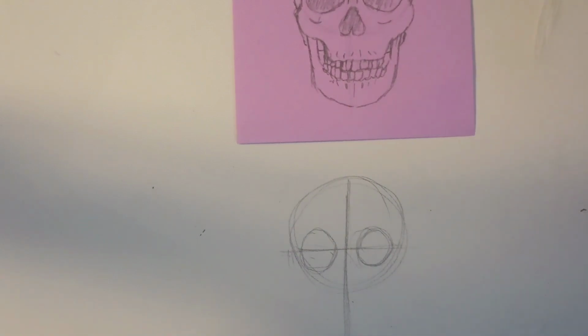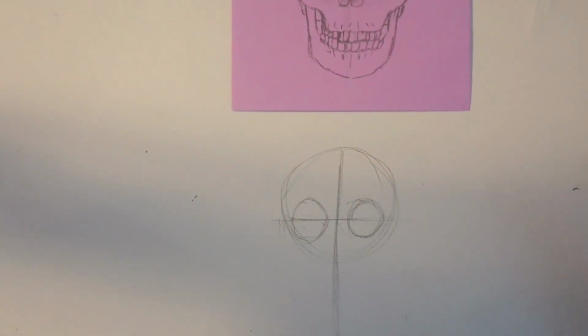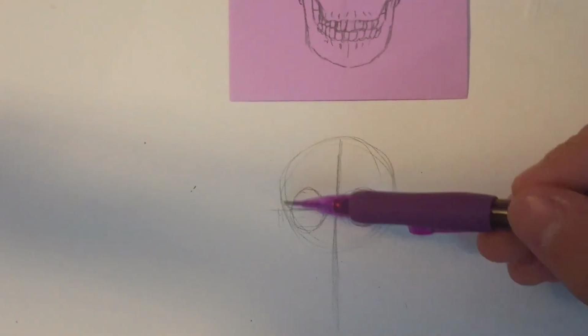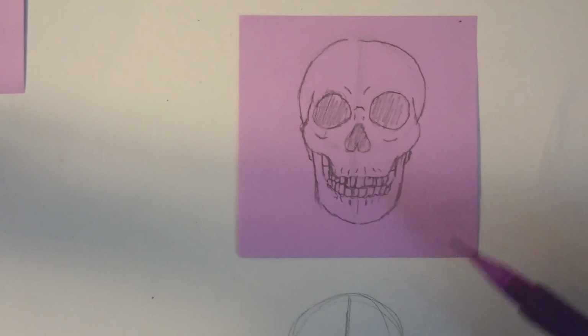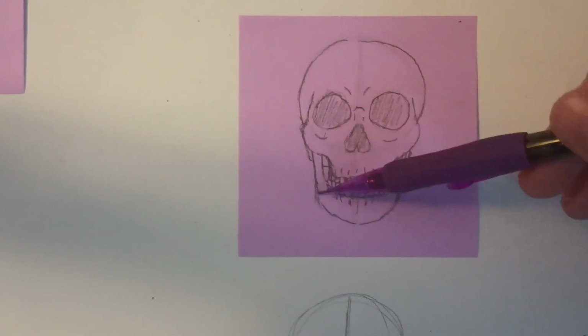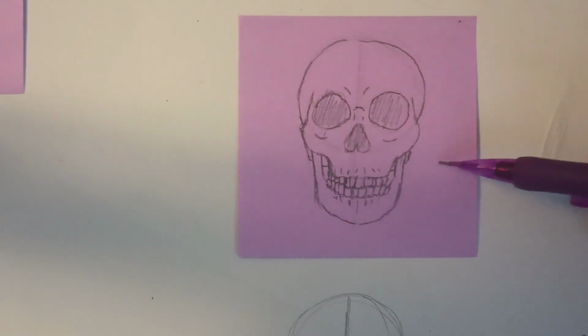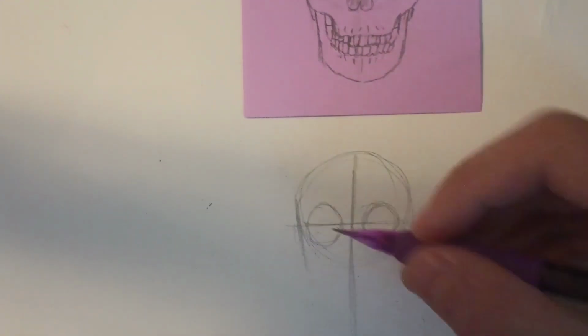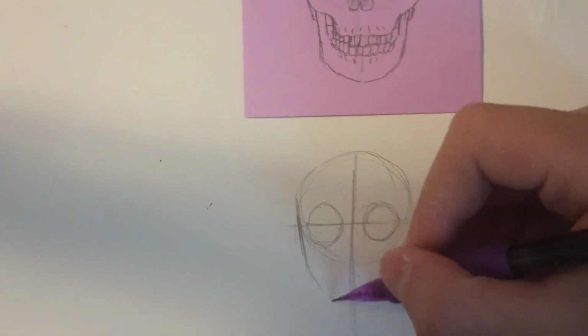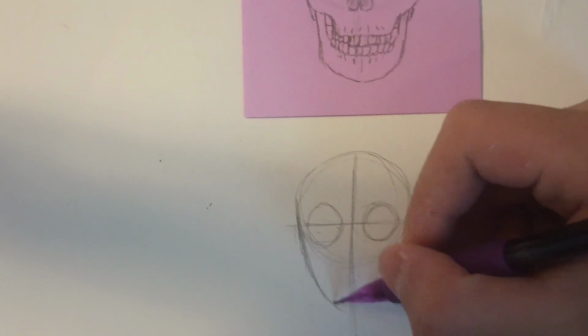Unless it's your art style and you want to make them massive, then go ahead. But what I usually do is not have them touch. Then moving on, we'll connect the cheekbones since they're the ones going out. It's gonna show in the drawing, and bring them out down to the jaw.